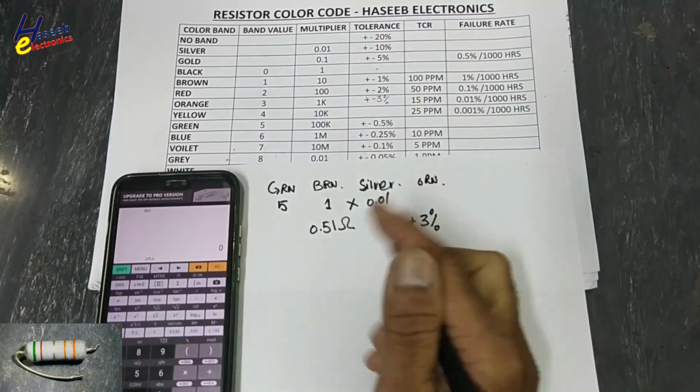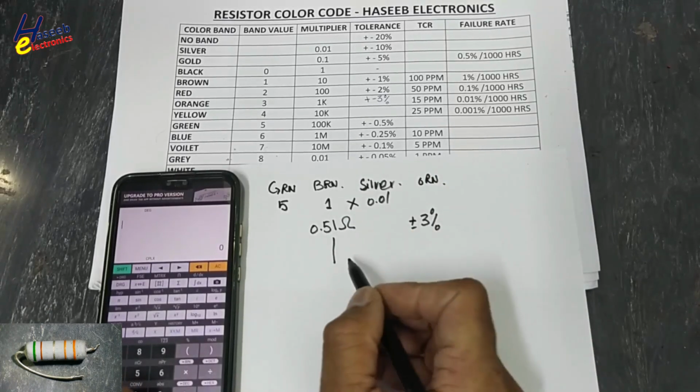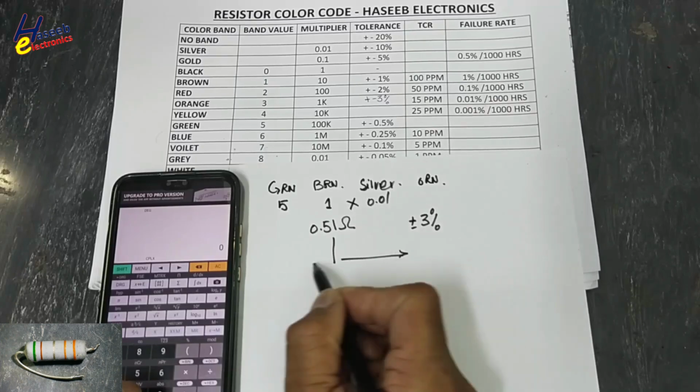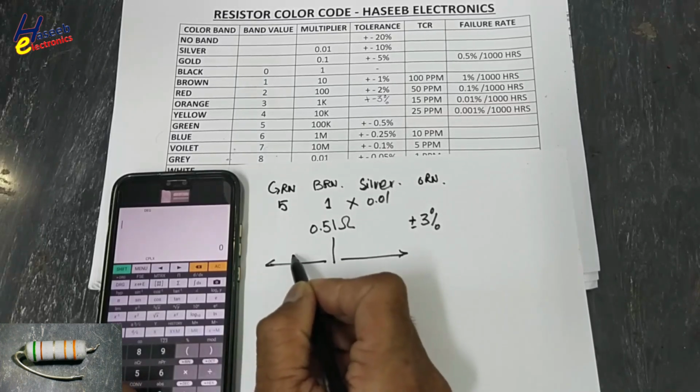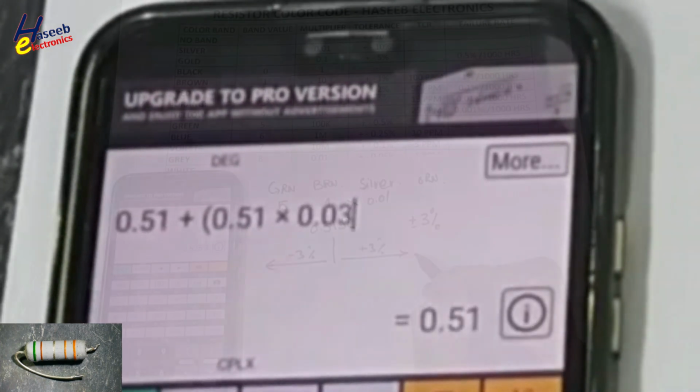Now we will calculate tolerance. Center value 0.51, plus 3%, minus 3%. 0.51 plus 0.51 multiply 0.03.